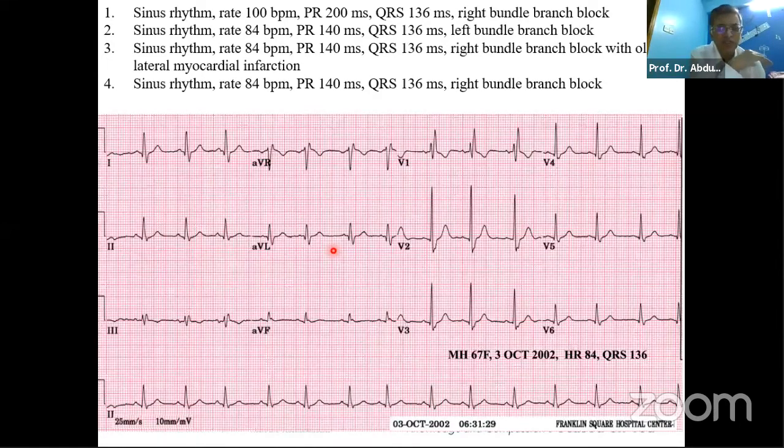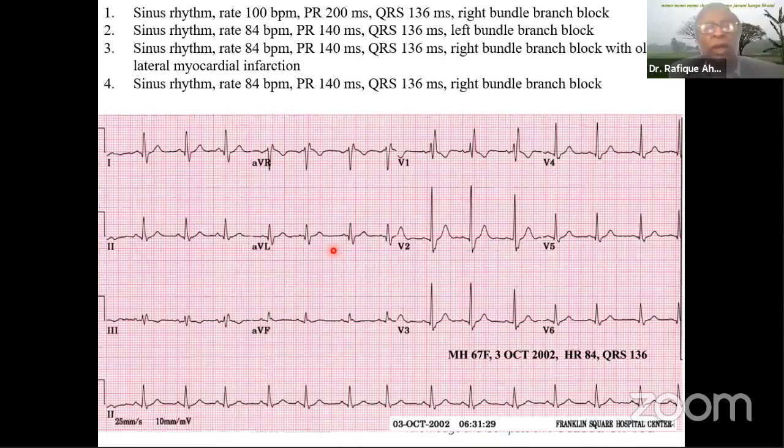It's not pathological. To declare a Q wave pathological, it has to be 1 millimeter or more wide, that's 40 millisecond or more, or the depth should be at least 25% of the corresponding R wave. It doesn't fulfill either of these conditions.